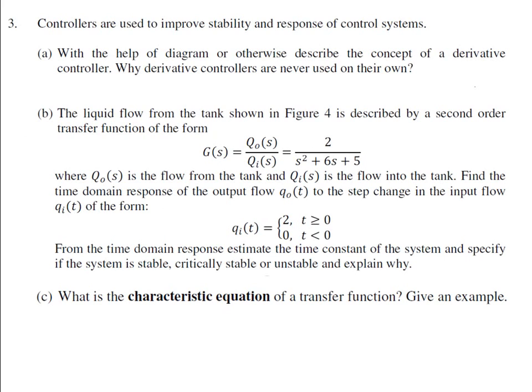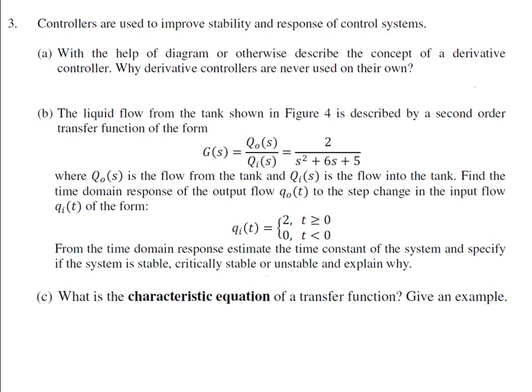Okay, in question 3, it has been asked to explain why derivative controllers are never used on their own. Also, a transfer function of a system is given, and it asks to find the time response, sketch the time response, and estimate the time response based on this given input function.